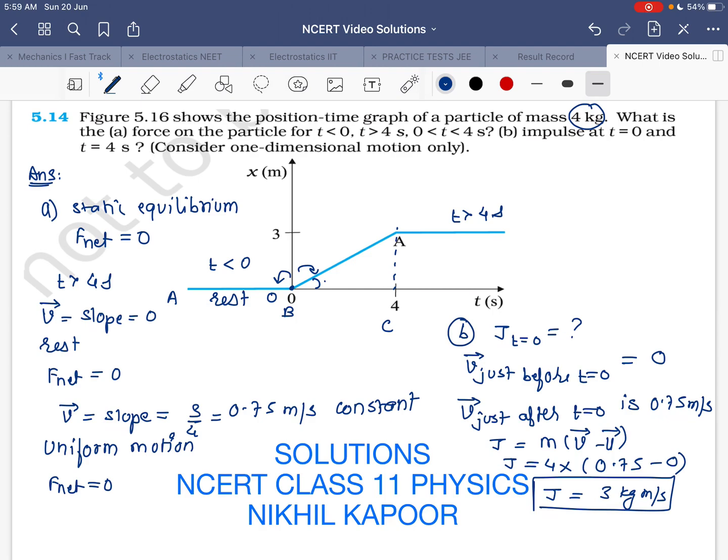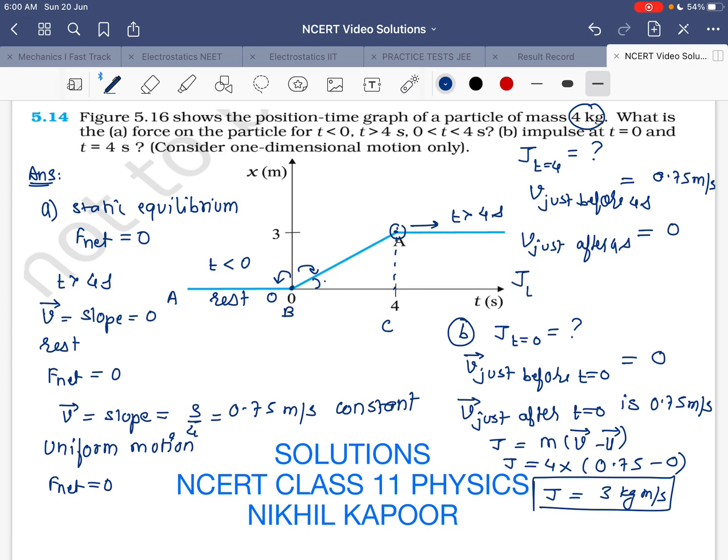Second, we need to find the impulse at t equal to 4 second. So I'm writing here, impulse at t equal to 4 second is how much? Again you see t equal to 4 second. The velocity just before 4 second is 0.75 meter per second, and the velocity just after 4 seconds, you can see the slope is 0, so that is 0.